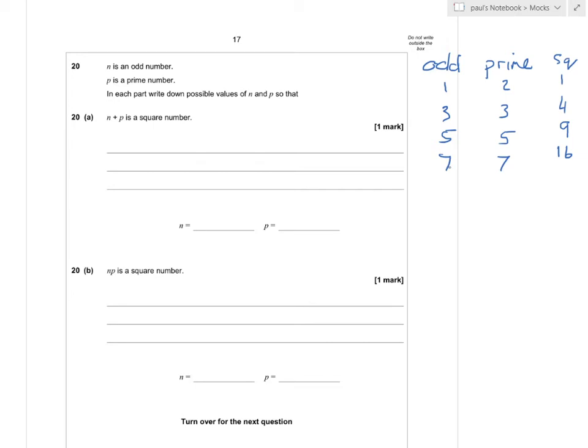It looks as though we've got to go further. So the next odd number is 9, and the next prime number is 11. Have we got anything that adds up to 16? Oh yeah, 9 plus 7. So we can have 9 for the odd number and 7 for the prime number. 9 plus 7 equals 16, and 16 is a square number.